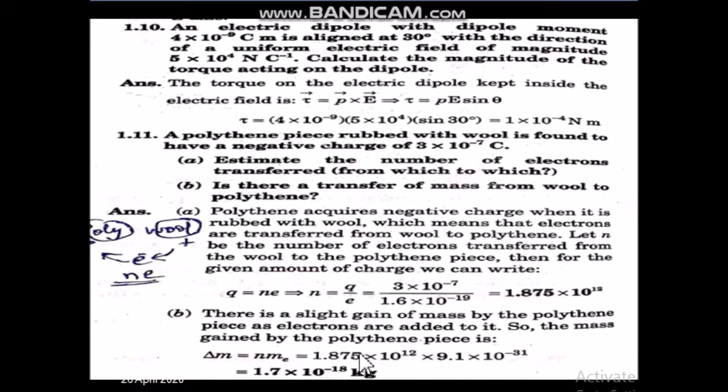Using these values we can obtain the mass shifted. We can call it delta m. So from wool to polythene, because the electrons are shifting, each electron is carrying some mass, so mass is also shifting.